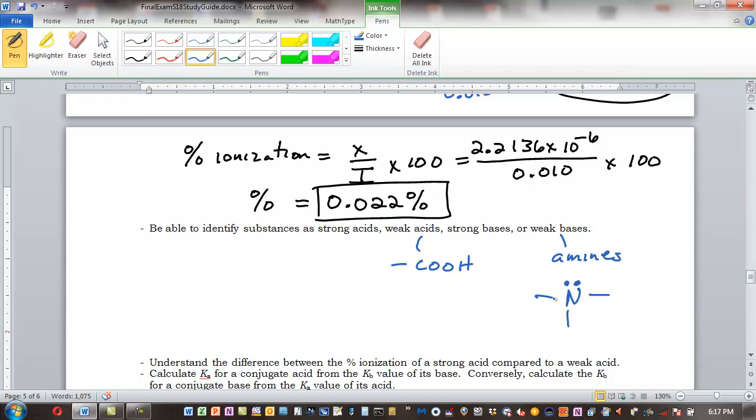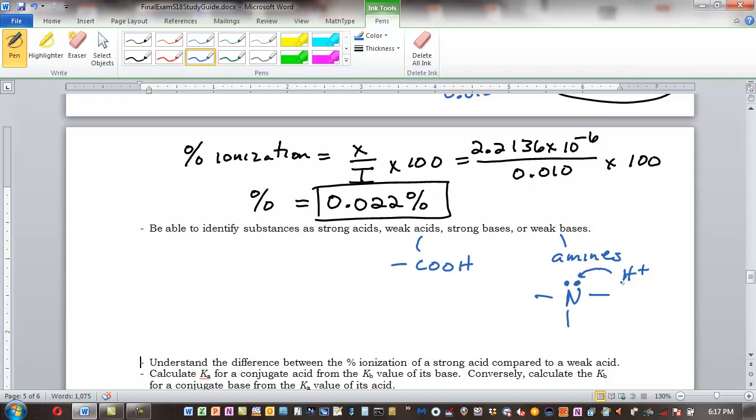Okay, and it's that lone pair that we can either think of as accepting the H+ as a Bronsted base, or donating that electron pair, which is a Lewis base, which we'll talk a little bit about in a minute. Okay, but that's the key feature of weak bases.